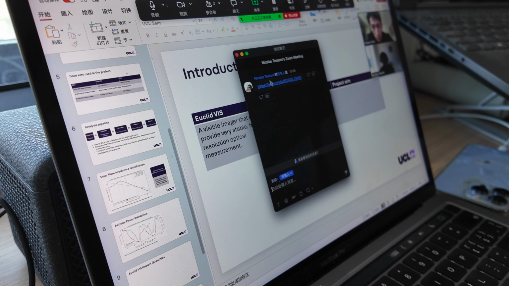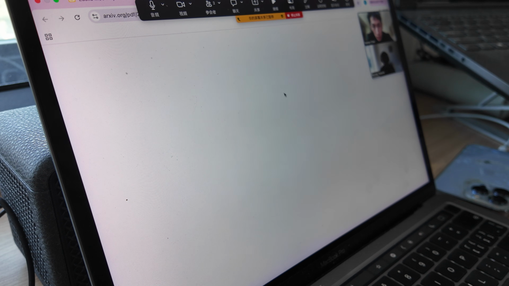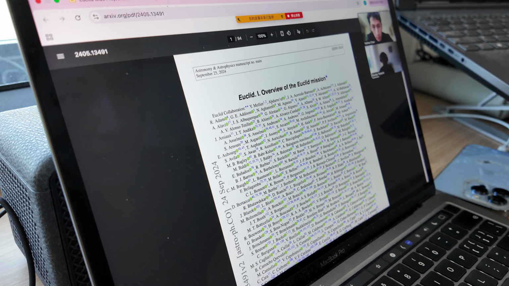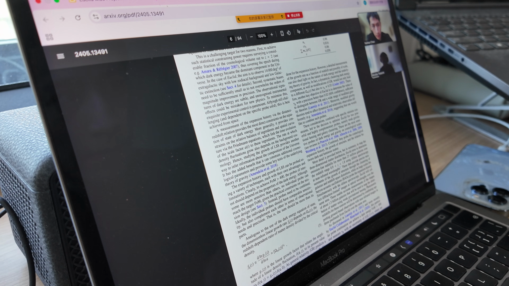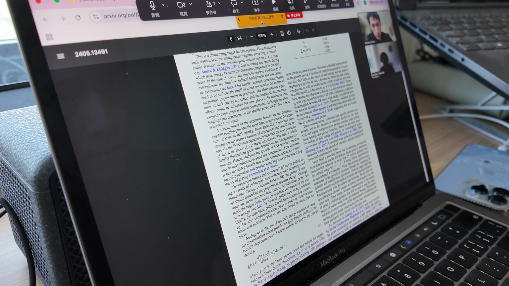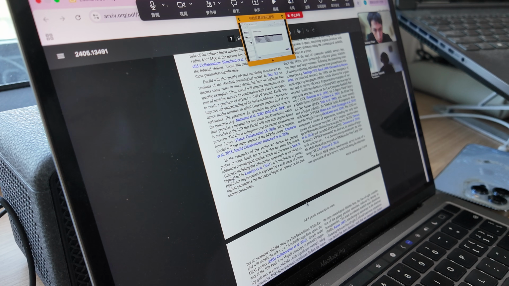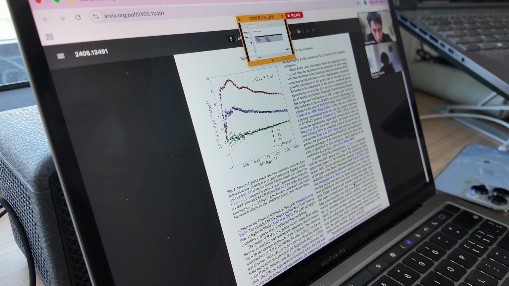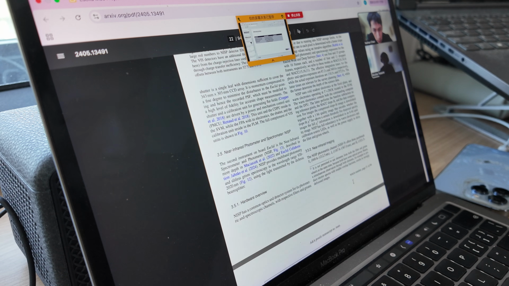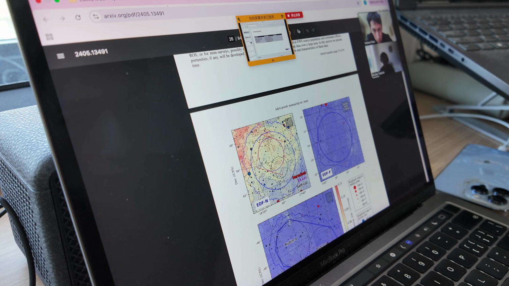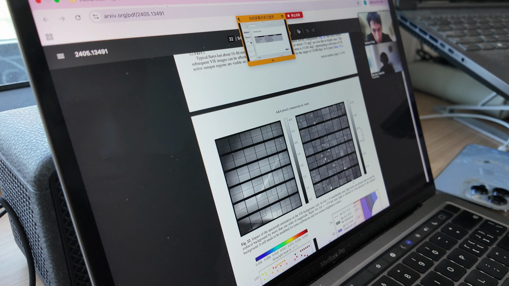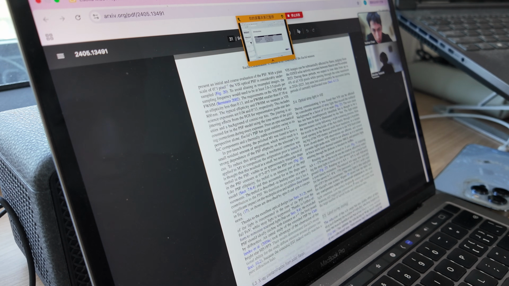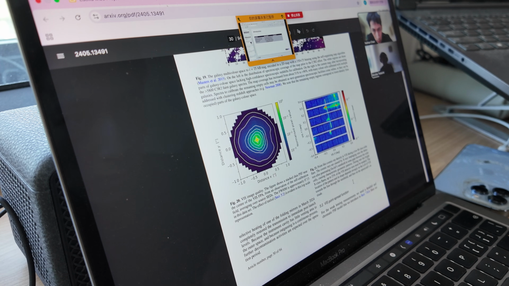So there is this paper. It's called Euclid 1. It's in the Zoom chat. And then if you look at figure 21, you page down, you see figure 21.